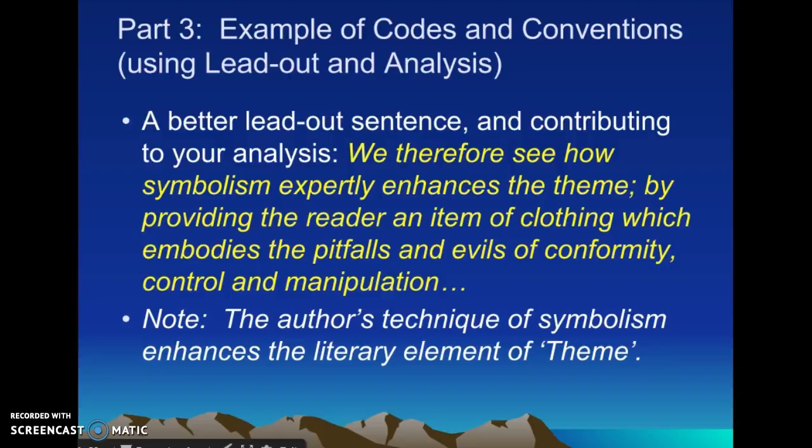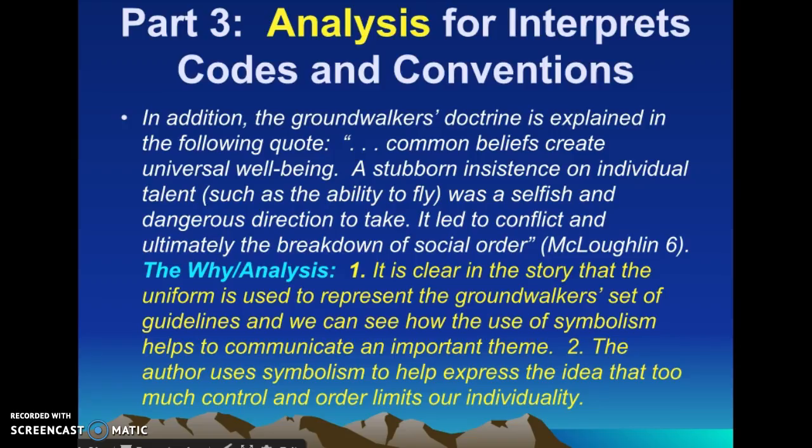So this is what it would look like in an analysis. Here you can see you're analyzing the importance, looking at what the author's technique does in the story, its purpose. What is it there to do? That's what you're explaining in your analysis. Okay, so here's another example.